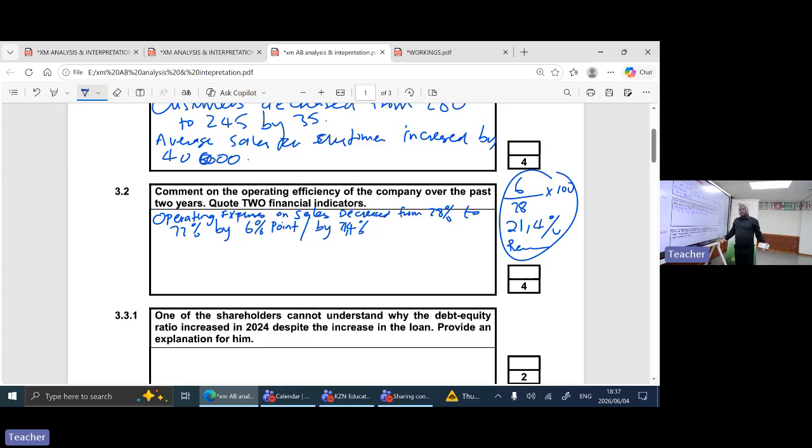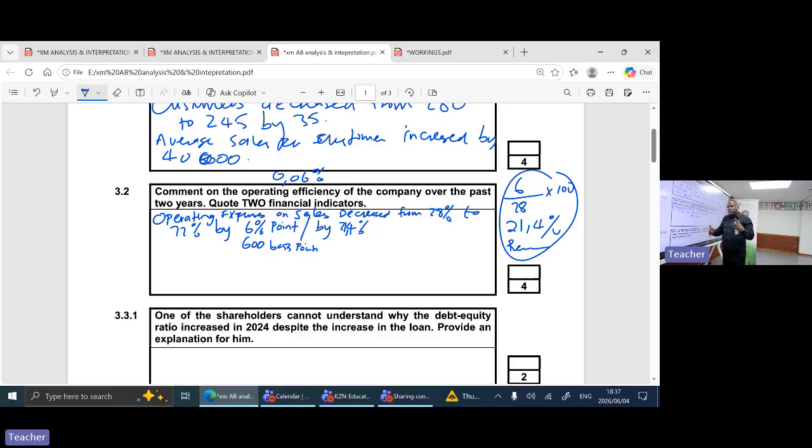But if you decide to use the word basis points, then 1% is equal to 100 basis points. Then you would say here 600 basis points, not 6 basis points. 6 basis points is 0.06%.